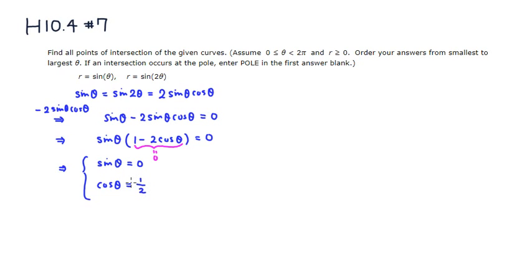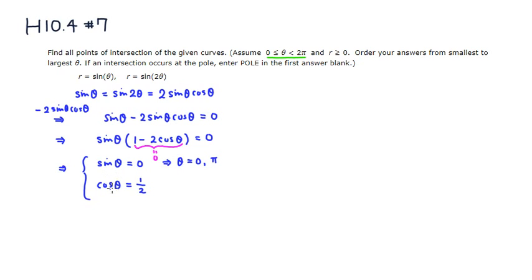Theta is between 0 and 2 pi, so let's find such angles. First, the angle that makes sine equal to 0: theta is going to be either 0 or pi, and 2 pi is not included, so we stop there.